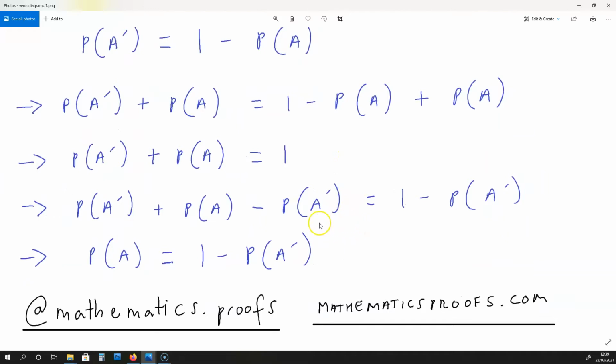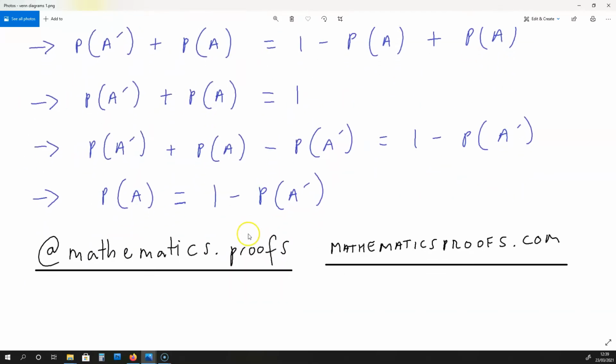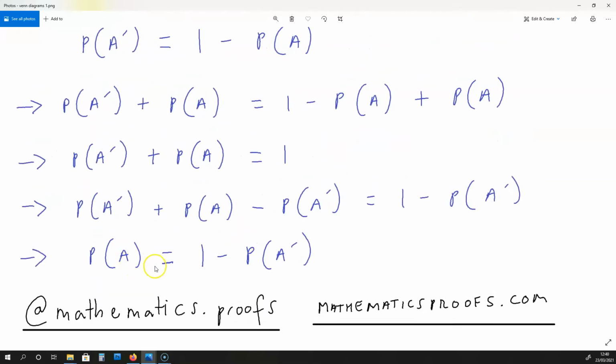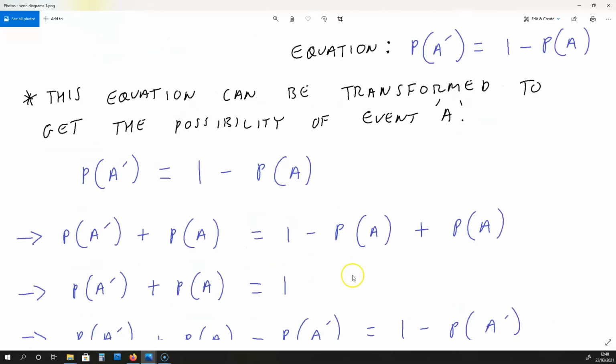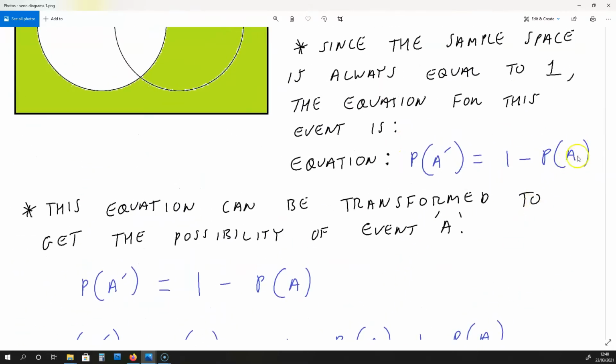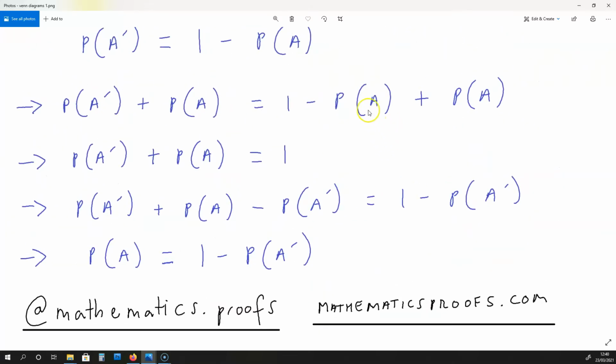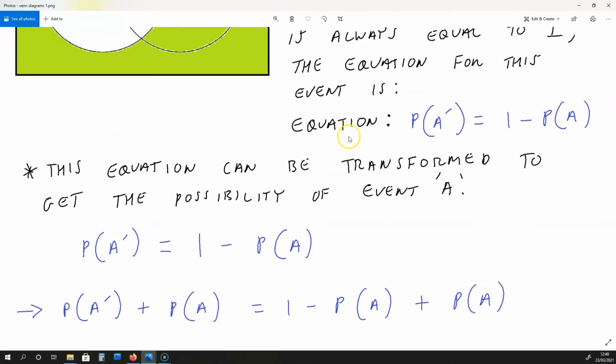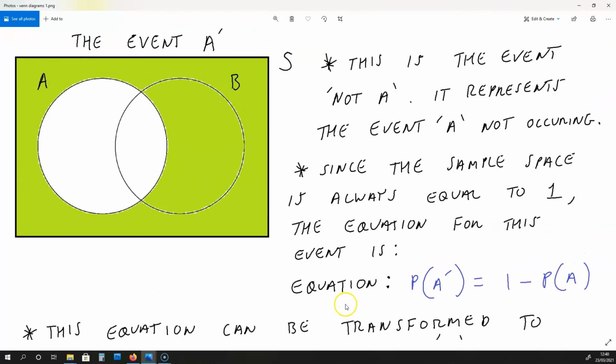If we subtract the probability of not A from both sides of this equation, we end up with the probability of A is equal to 1 minus the probability of not A. Okay, so this equation over here can be flipped so that you can get the probability of the event A taking place. Alright, so that is the introduction to Venn diagrams covered.